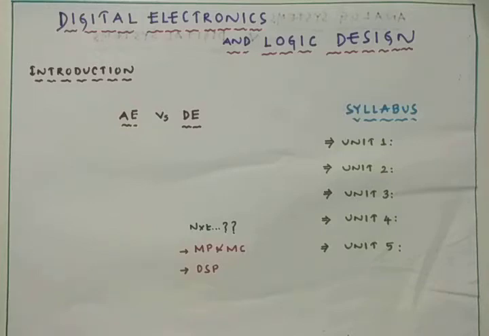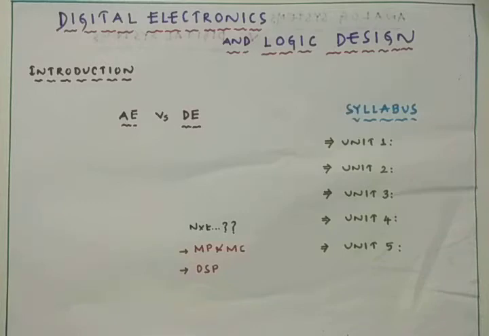It is a common subject for all the engineering branches. So, while you are studying digital electronics and logic design, my request to you is to put some additional interest in it.